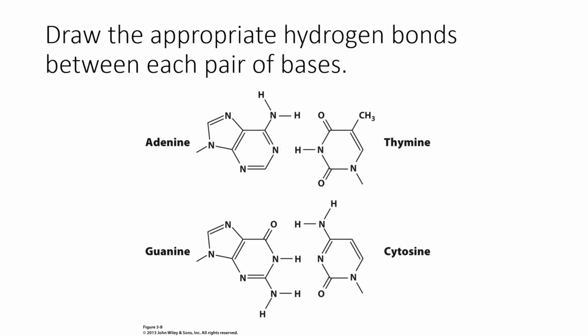Just the first one. Just draw the pair. No, that's fine. Just like where they would go. Thank you. So how many hydrogen bonds do we have between adenine and thymine? As Christine just drew here, we have 2, right?